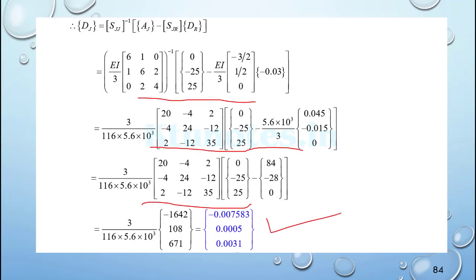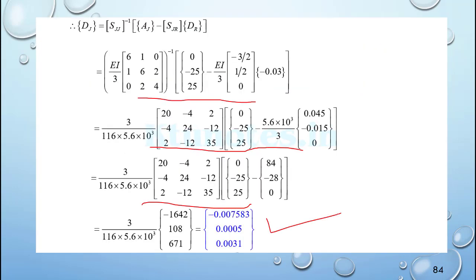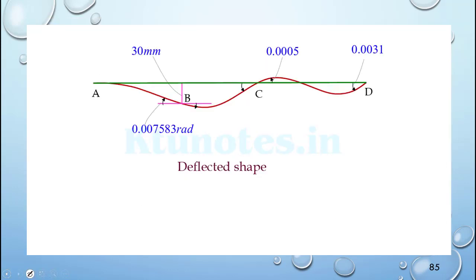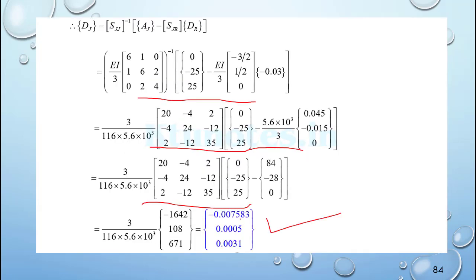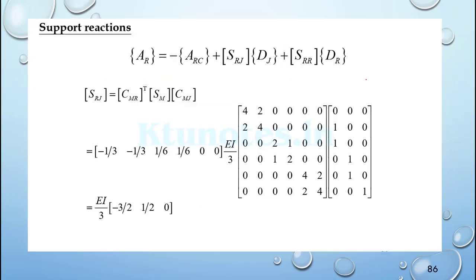Here there is already a support settlement of 30, and this rotation is actually found from the previous slide, and then the other joint rotations. The support reactions also have a long equation.